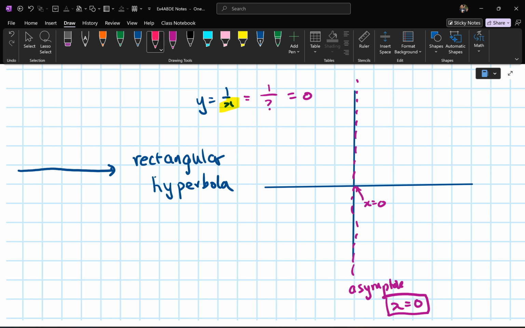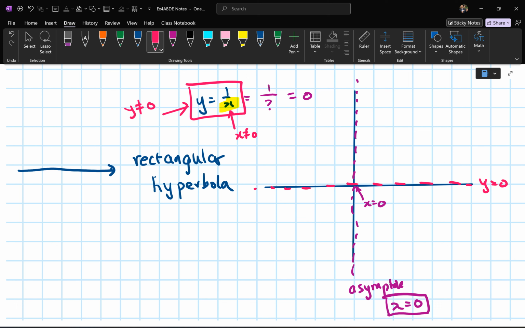That is why it's impossible for y to equal 0. So on one hand, x can't equal 0, but it's also impossible for y to equal 0. You can divide it very close, it gets really small, but it's never exactly 0. So hence, you also have a horizontal asymptote. So anytime you get a fraction, that's one of the properties.